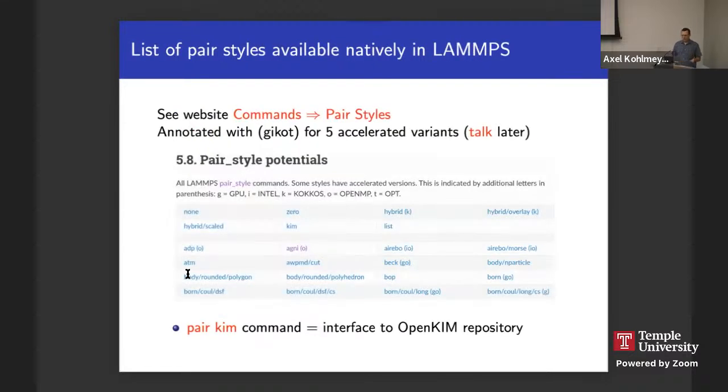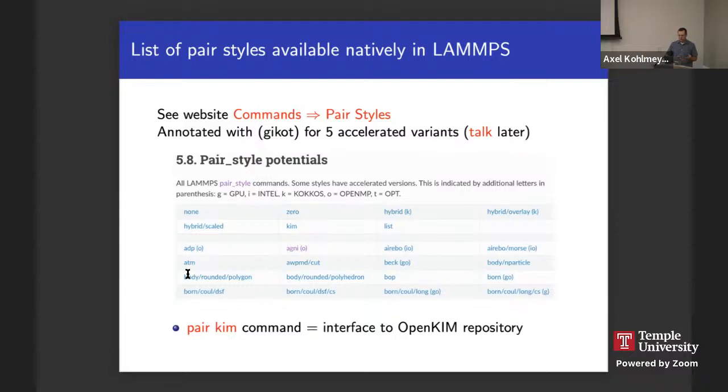So you can see a list of all the pair styles available in LAMMPS through the documentation. On the commands part of the website, there's a section for pair styles. They're annotated with certain letters, so GIKOT for the different accelerated variants, which we'll talk about in a moment.